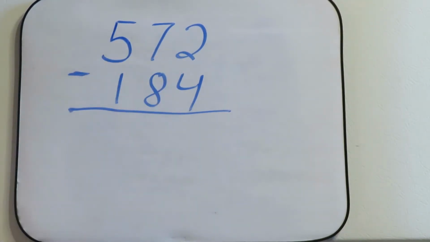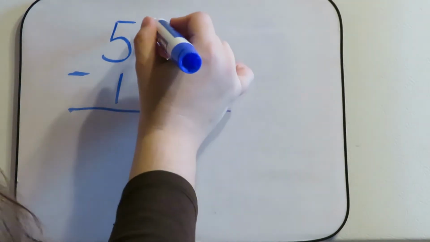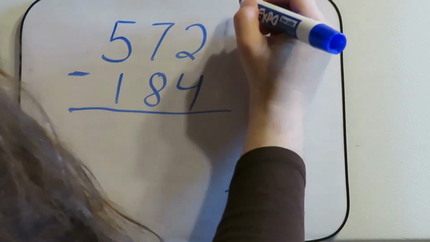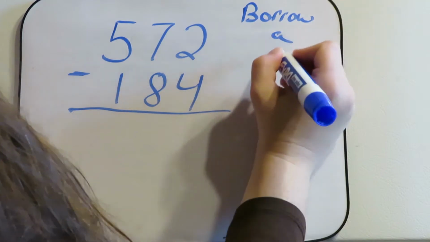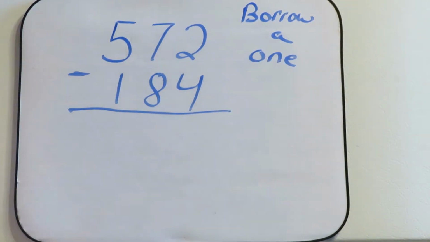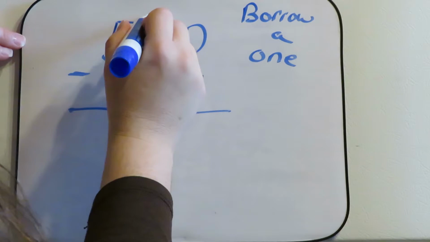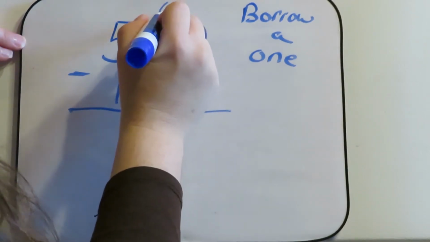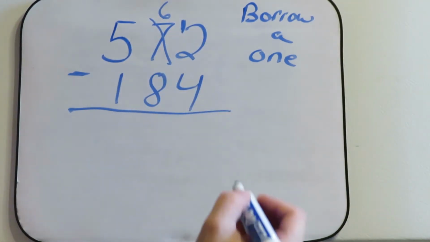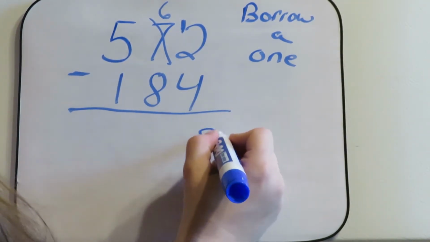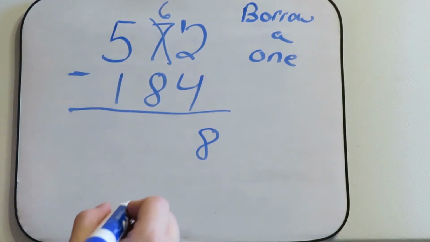So the first column, 2 minus 4. How do we do that? 2 is less than 4. We have to borrow a 1. So we make this 6 and add 1 so that it's 12 minus 4. 8. 6 minus 8.